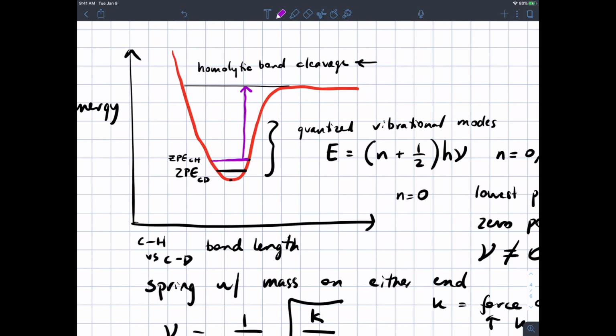And we're going to pretend that the fully cleaved C radical and H radical is our transition state. Now that's unrealistic because in most transition states the bonds aren't completely broken. But then we would call this energy difference in purple the activation energy for the CH bond.